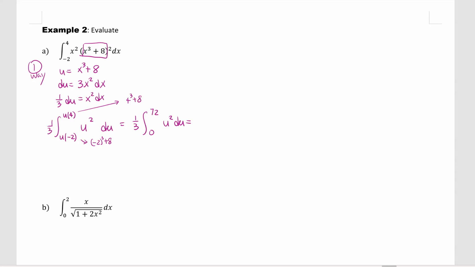And then what do we do next? We can integrate it. So this is u cubed over 3, evaluated from 0 to 72, times 1/3, so that's 1/9 times 72 cubed minus 0. So the answer is 72 cubed over 9.